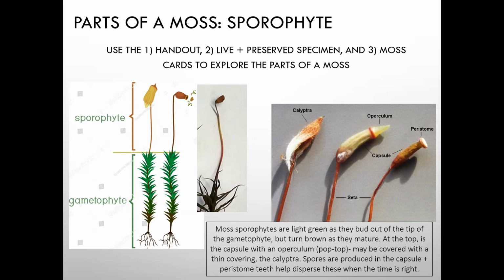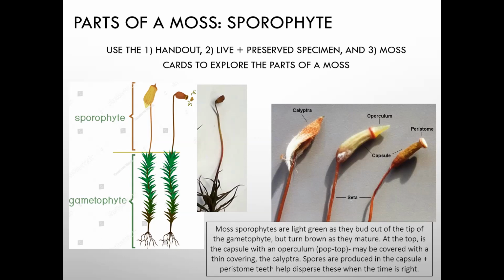And at the top of this stalk is a capsule. The calyptra is a covering over this capsule, and this capsule has an operculum at the tip of it, which pops off when the time is right under specific environmental conditions.